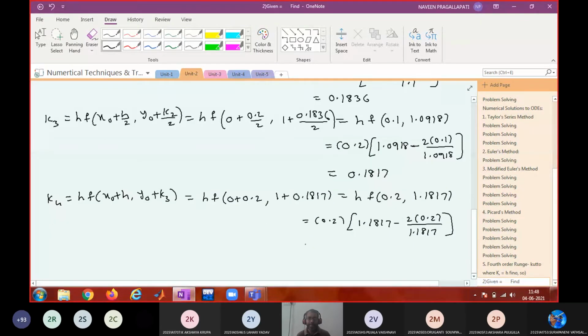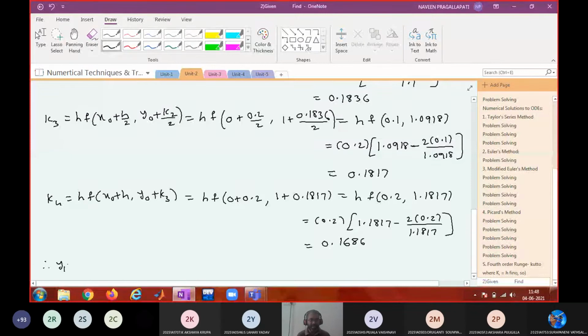Now simplify this. 0.1686. Okay, so now you got all the values.